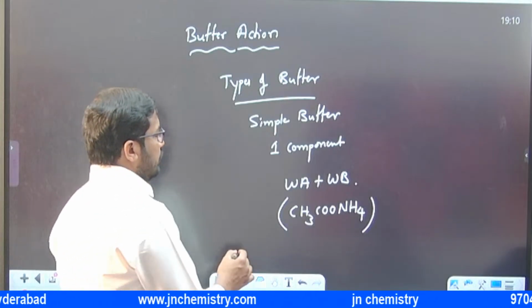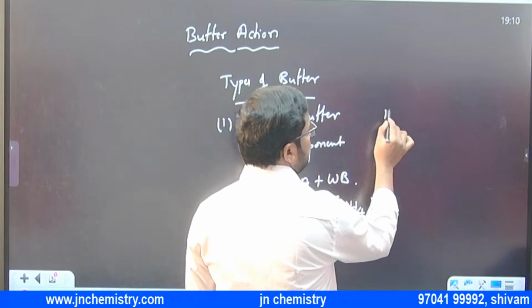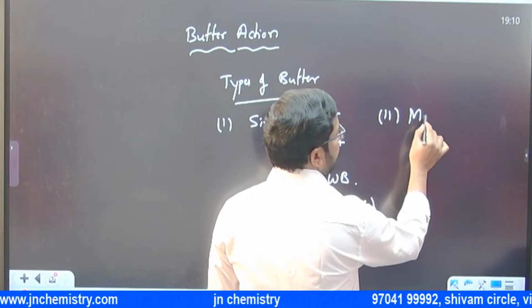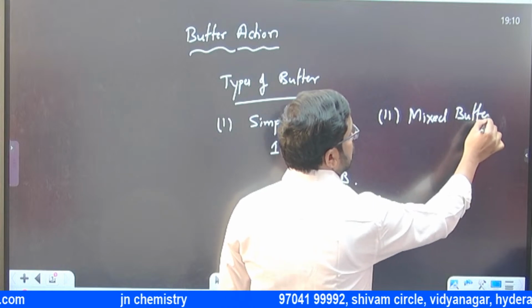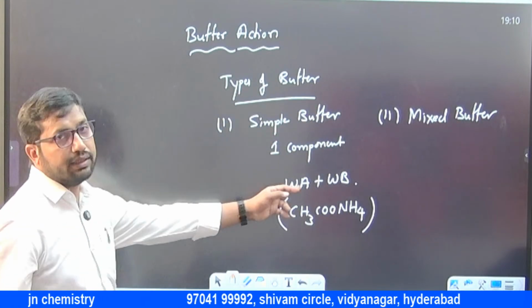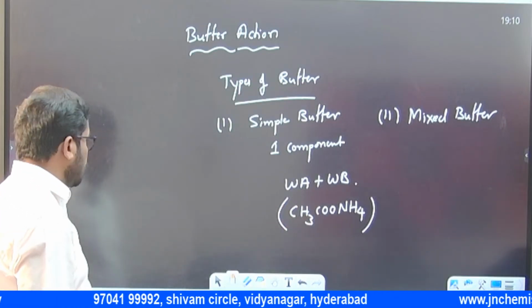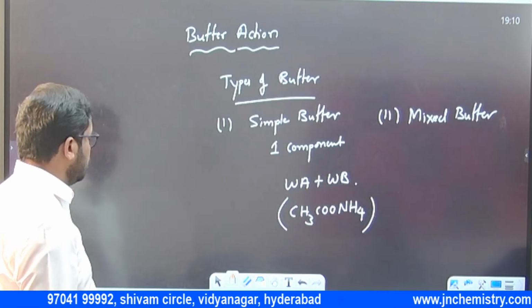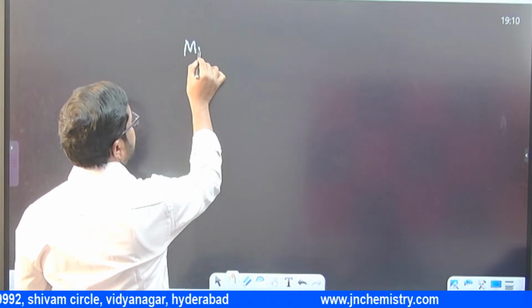Mixed buffer I already told you. Simple buffer. Second one is mixed. Second one is important. Simple buffer: weak acid, weak base, the salt of weak acid, weak base. Mixed buffer, two types.